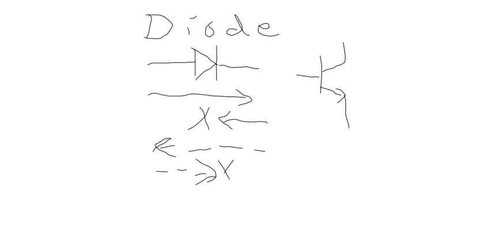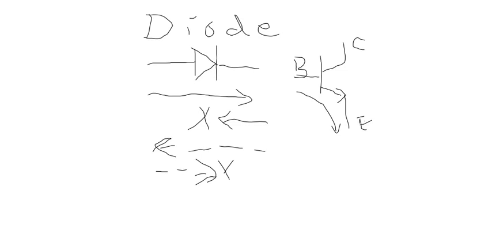And if you notice, there's an arrowhead built in here too, and it's basically a diode. This top connection is called the collector. This is the base, and this is the emitter. If you leave the collector open and just use the base and the emitter, they behave exactly like a diode. In fact, it is a diode.